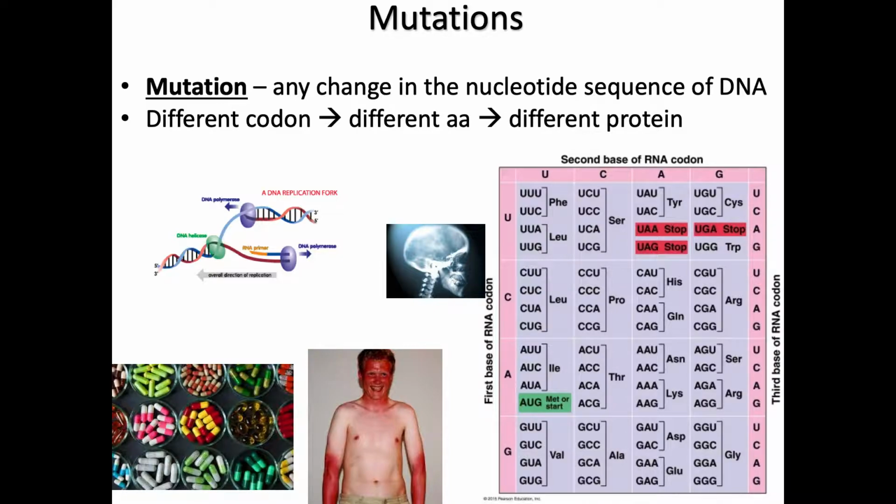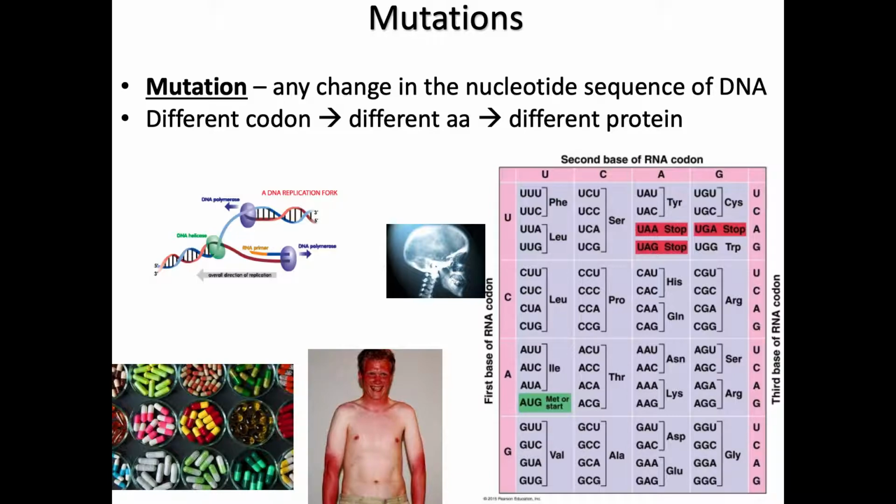Okay, so now we are finished with those 3 very important processes. What we're going to talk about next is mutations. We basically talked about mutations before, in the beginning of the semester. We know that a mutation is when even one nucleotide or several nucleotides are changed in a DNA molecule.